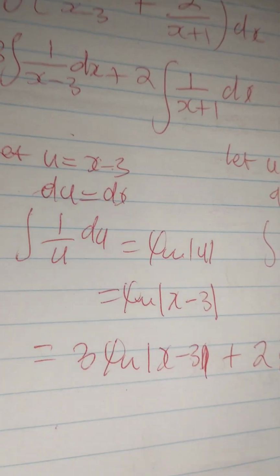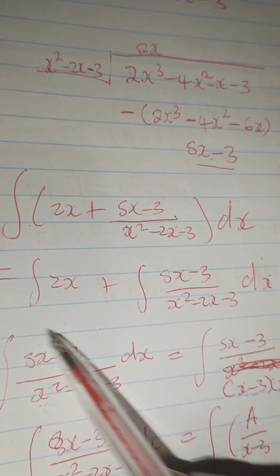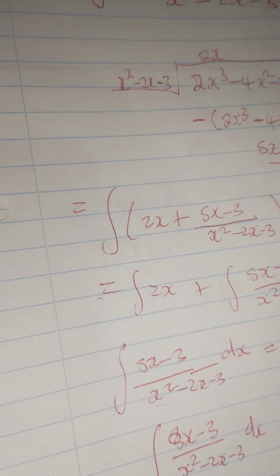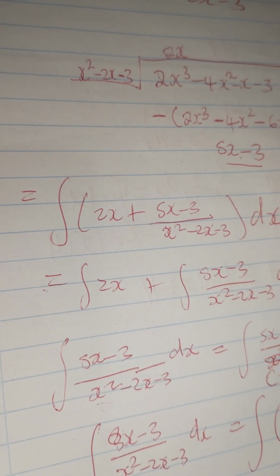Remember, we have evaluated this using partial fractions. So we also have this integral of 2x. Integral of 2x is just going to be what? x squared, right? It's just going to be x squared.